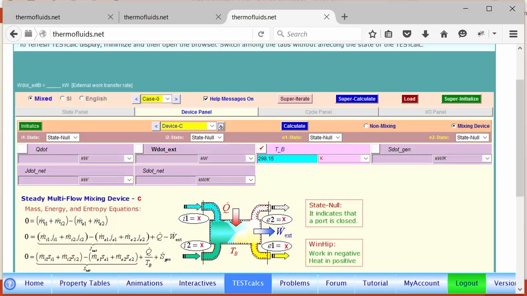And device C is our pump. In the pump, the inlet state is 3 and it goes out at 4. There is no heat transfer, and the pump work is very small, just about 4 kilowatt.